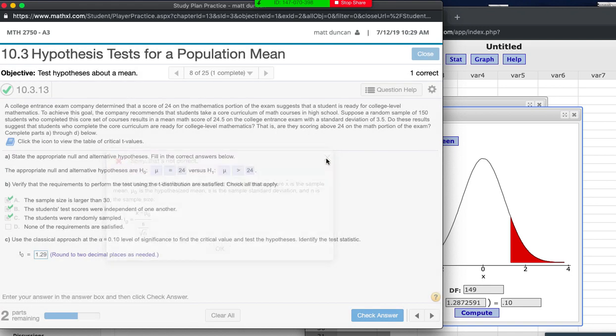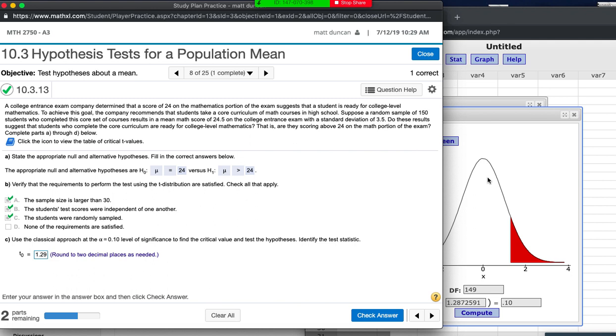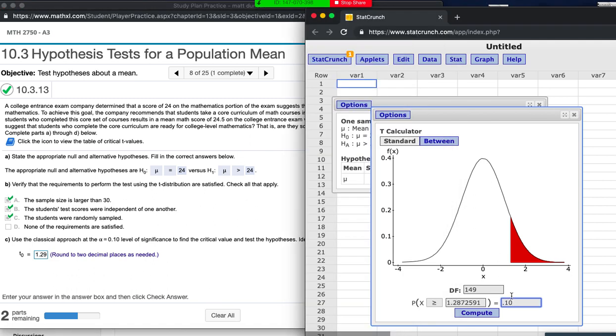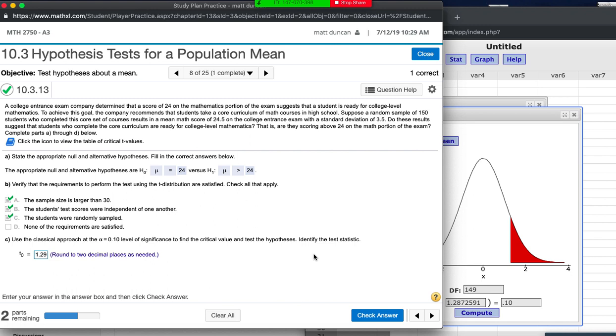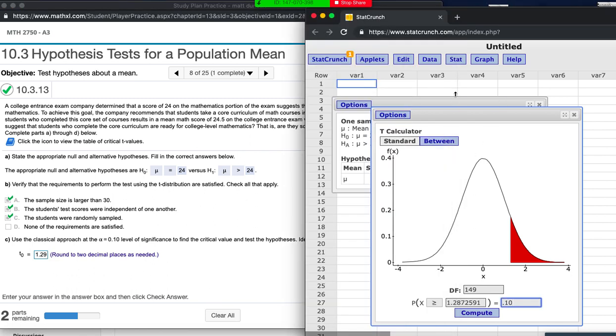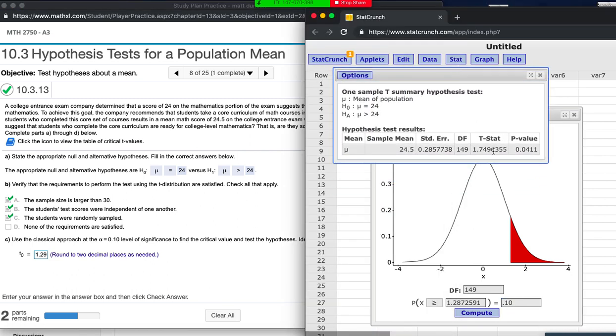Uh-oh, what did I do wrong? Degrees of freedom, 150. We need a 10%. What am I doing wrong? Oh, they want the test statistic. I'm sorry. So 1.75.